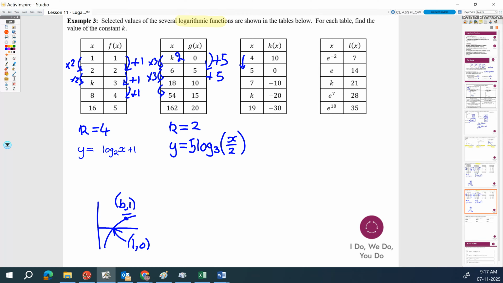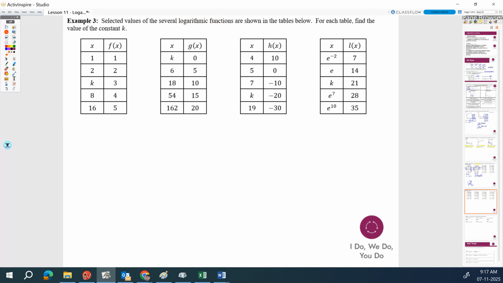Just going to clean up my screen a little bit. So isn't it 5 over 4? We could try 5 over 4, but that's not going to work for the next one. Let's see how we can find the translation.